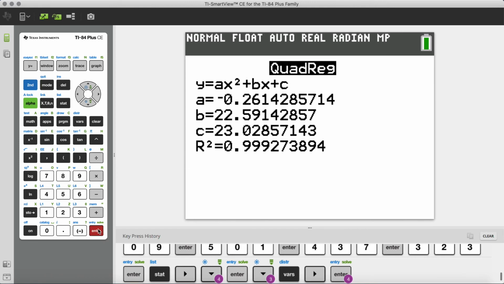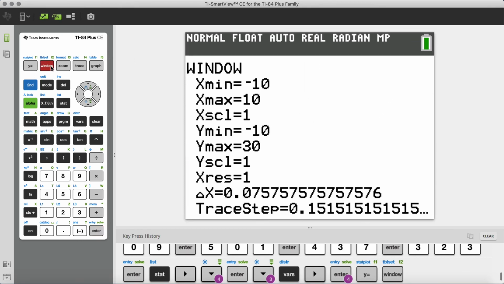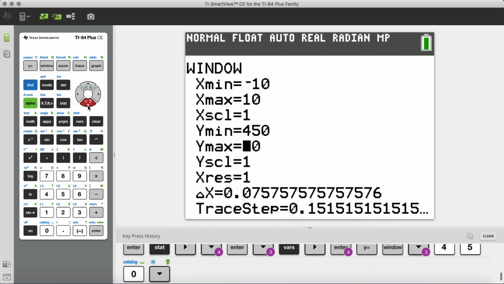462, 509, and 501. So when we build our y equals, it's in there. Good. When we build our window, we know that we're going to want to be up in the 500s. So I'm going to go basically from 450 in my Y minimum all the way up to, I don't know, let's just say 550 to be safe.